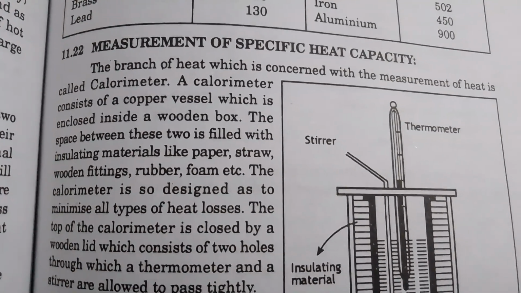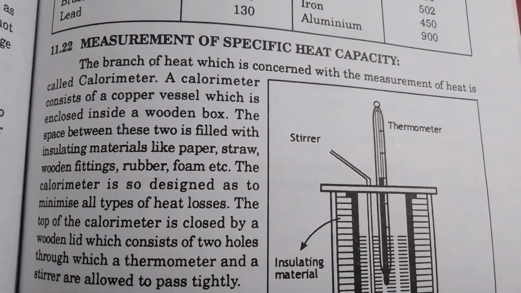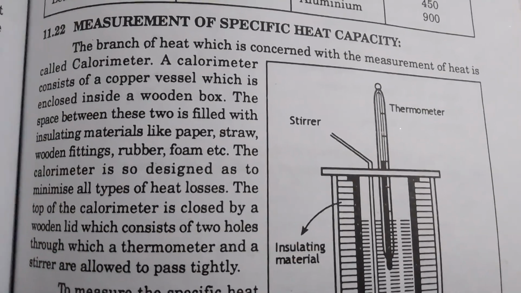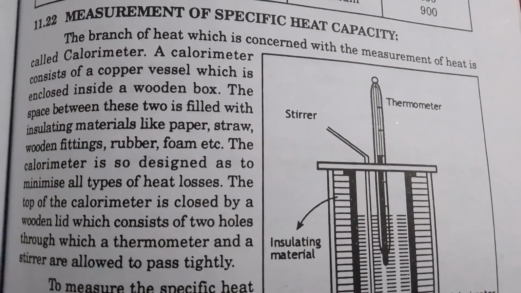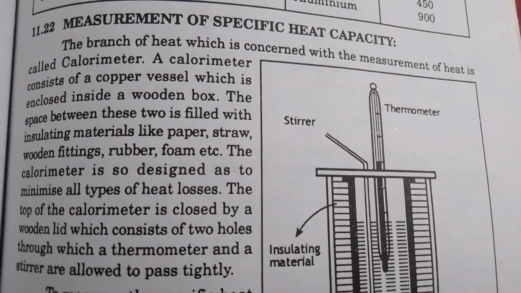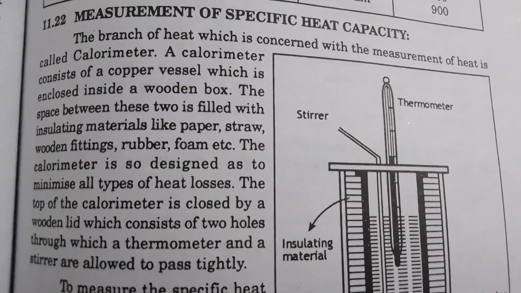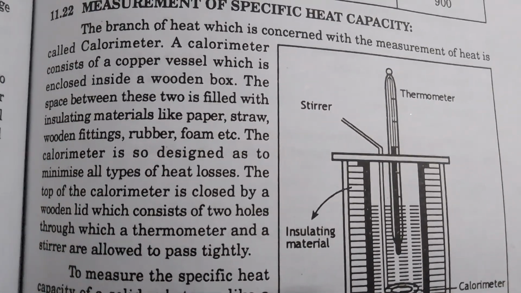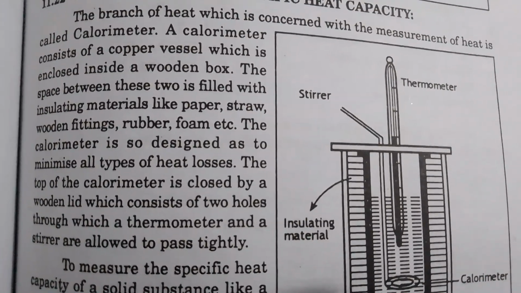The branch of heat which is concerned with the measurement of heat is called calorimetry. A calorimeter consists of a copper vessel which is enclosed inside a wooden box.